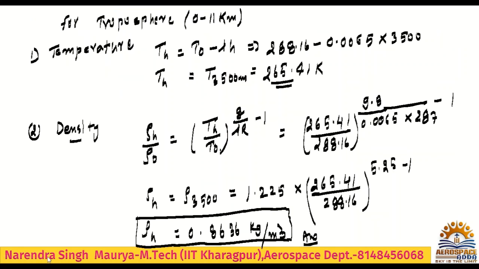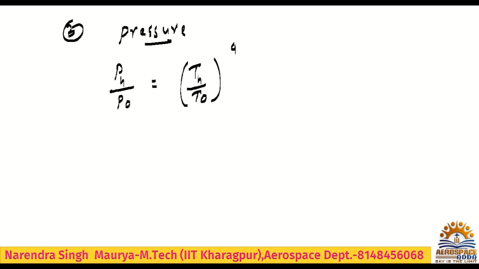Okay, so two formulas I have given. Third formula is pressure. So all three formulas you must know. Okay, anything they can ask. Again, pressure at any altitude, if you want to calculate pH by P naught, it will be TH by T naught to the whole power g by lambda R. See, g by lambda R you can calculate separately.